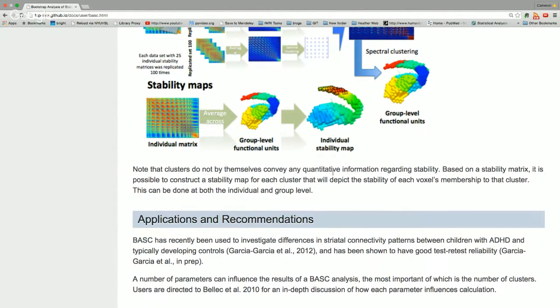But if you wanted to do actual statistics on that, what you want to do is try to figure out what is the certainty associated with it, the error bars or the confidence intervals associated with that clustering, right? So what you can do is use a technique called bootstrapping, where you take the original time course of the data, and you create surrogate data where you swap around parts of the time course.